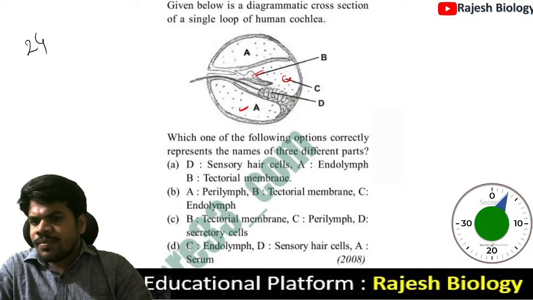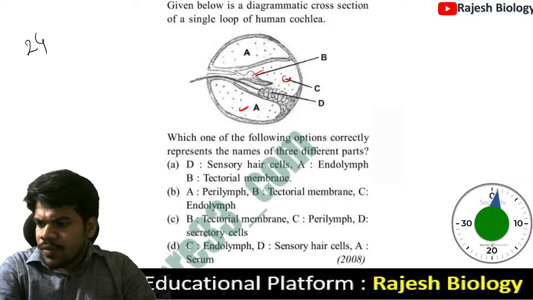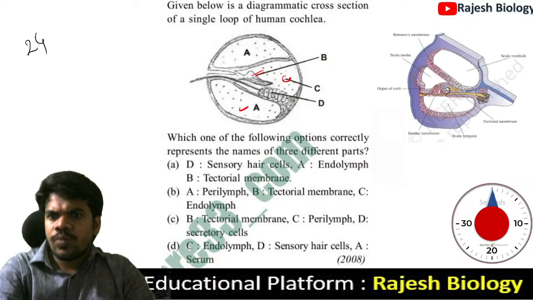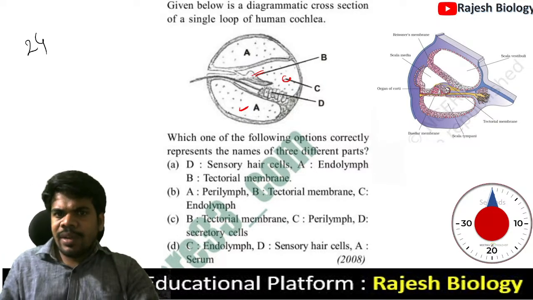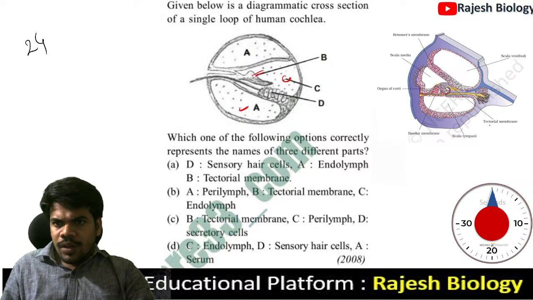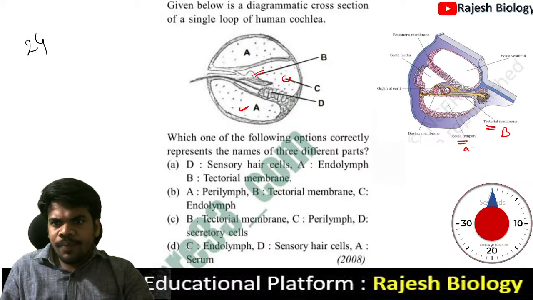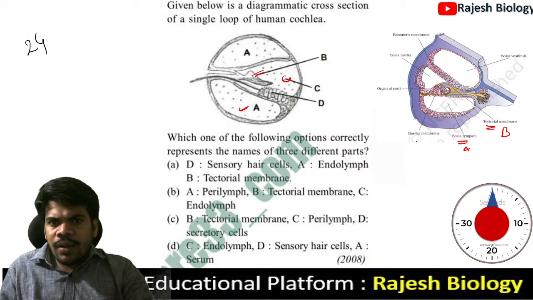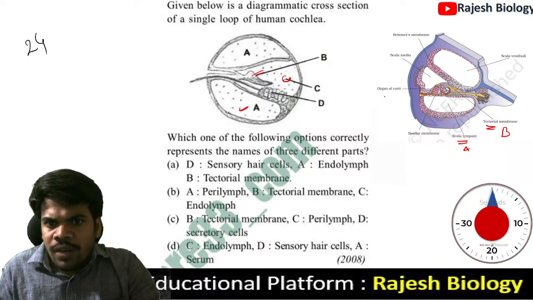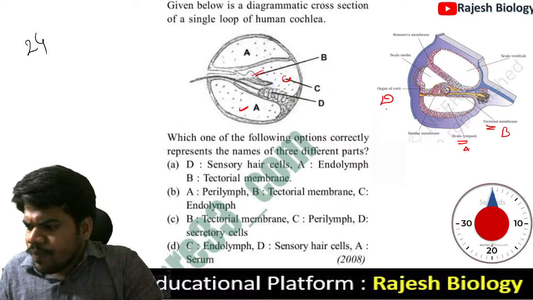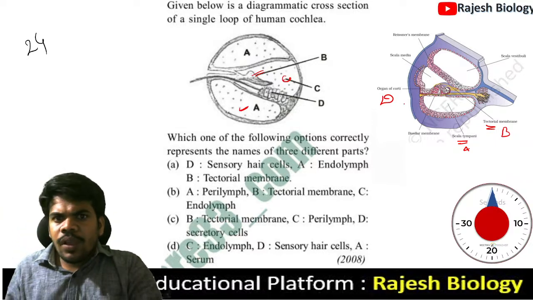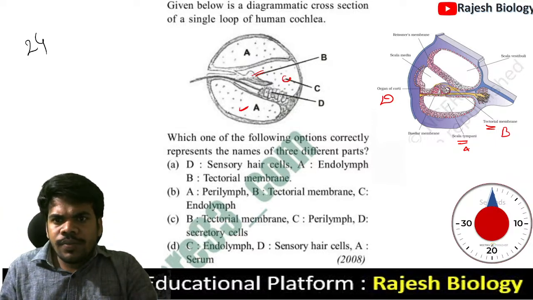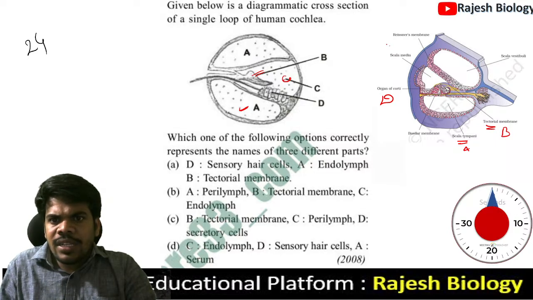It is a very easy diagram. If you still want a clue, the same diagram is here. Tectorial membrane B, scala tympani A, and basilar membrane or organ of Corti D. And this scala media is C.